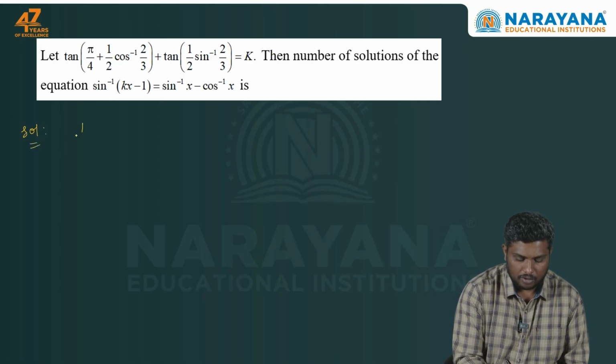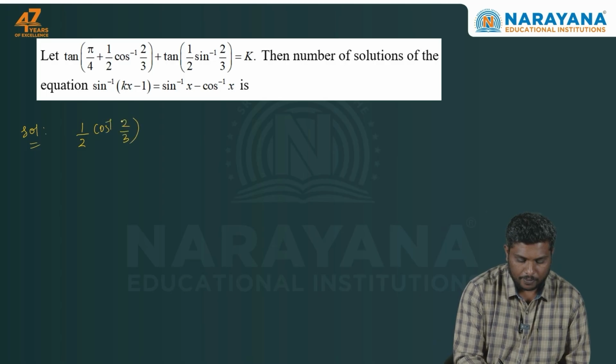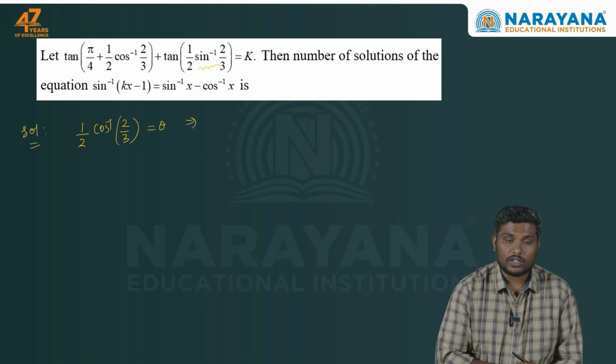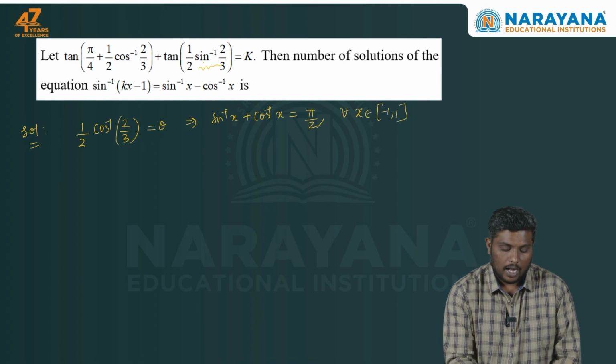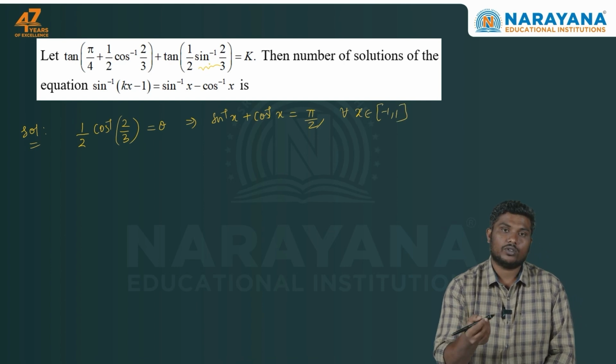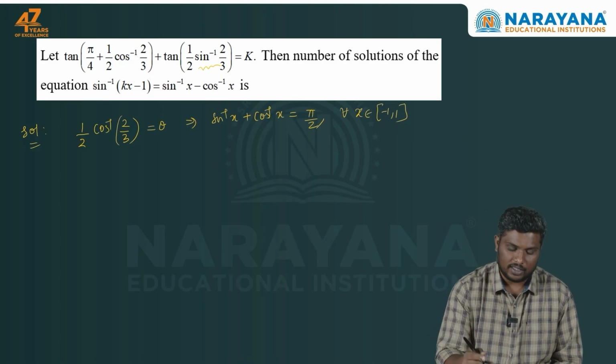So guys, I'm going to take half cos inverse 2 by 3 as some theta, and the second part, if you observe sin inverse 2 by 3, by the identity we all know that sin inverse x plus cos inverse x is equal to pi by 2 for all x belongs to -1 to 1. So here I can express half sin inverse 2 by 3 as pi by 2 minus theta.